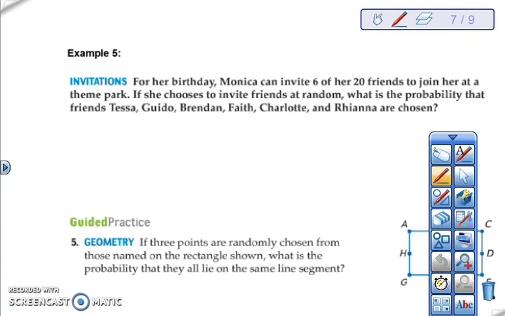So here's an example of how this will work. Monica has a chance to invite 6 of her 20 friends to join her at the park. She's going to choose them at random, and she wants the probability that these 6 specific people are chosen. So if we're being asked to go to the park, it doesn't matter whether you were asked first or last, or somewhere in between. As long as you got invited, you get to go to the park.